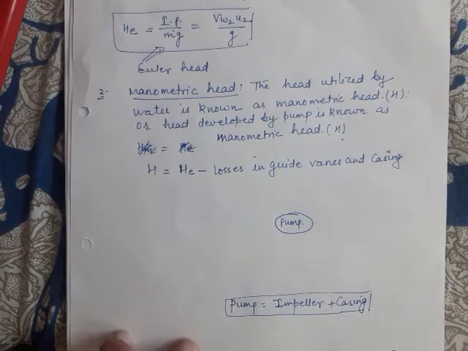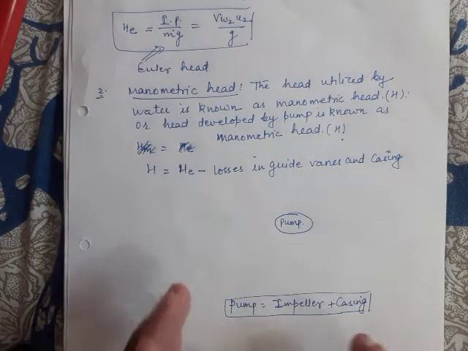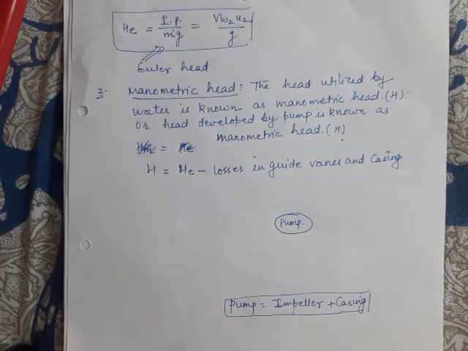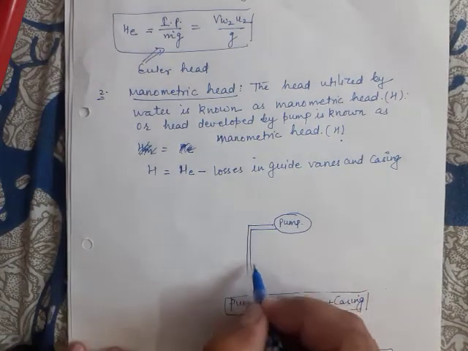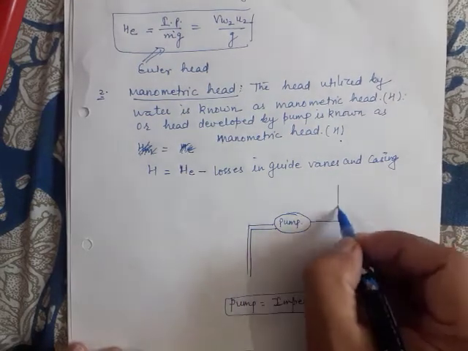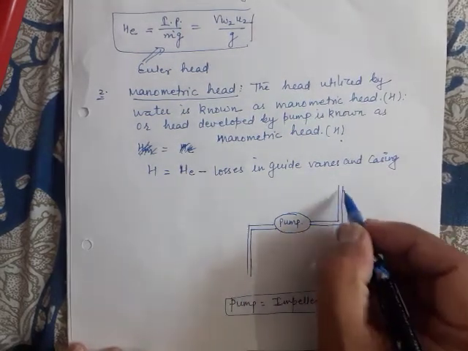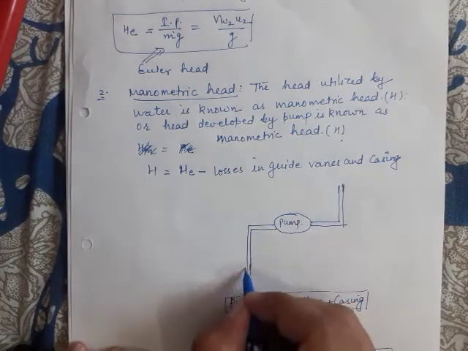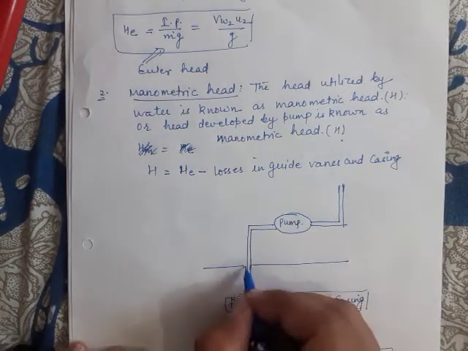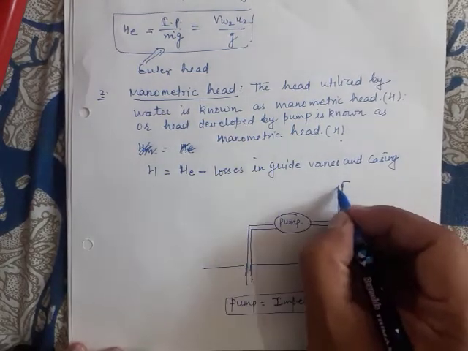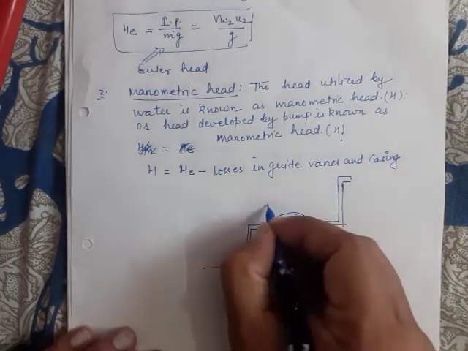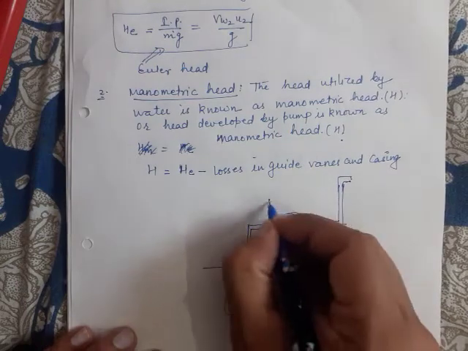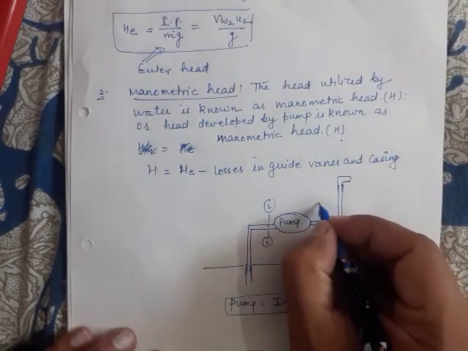So main pump means impeller plus casing. This pump is drawing water from the sump and delivering to some point of delivery. This is the inlet to the pump denoted by I, and this is the outlet of the pump denoted by O.